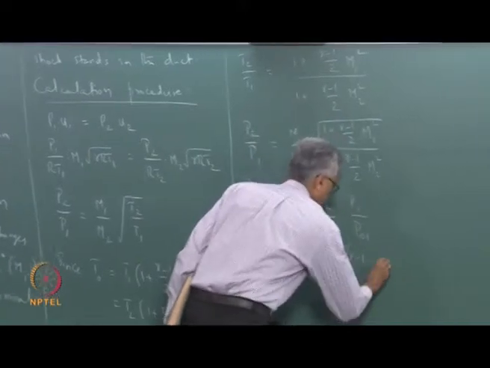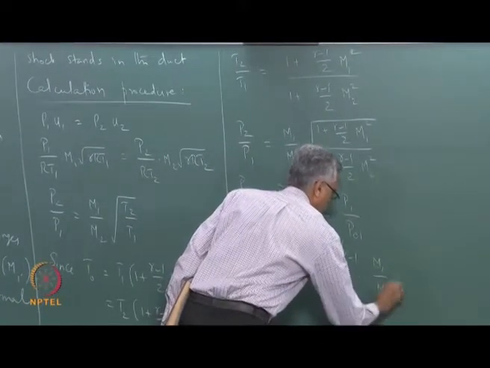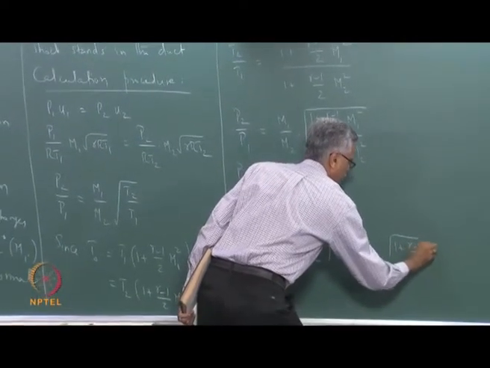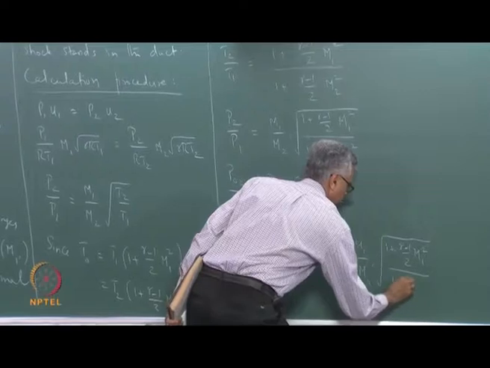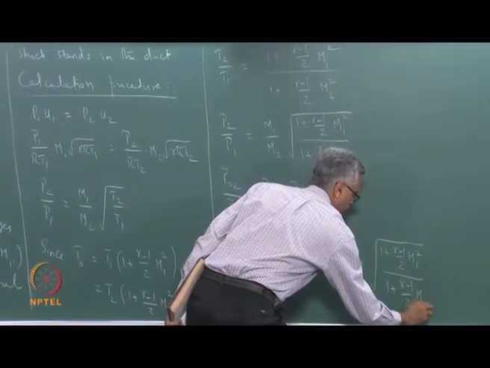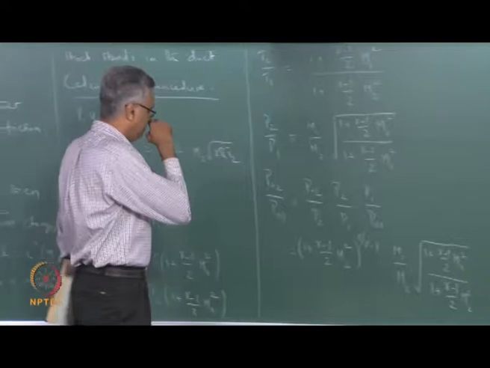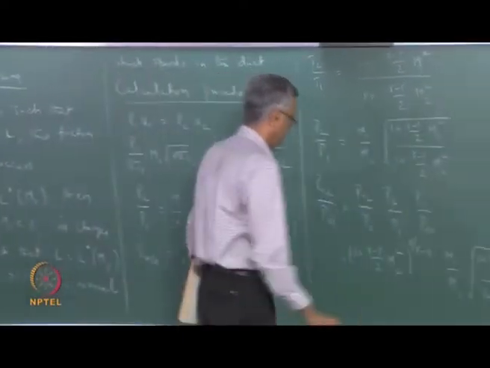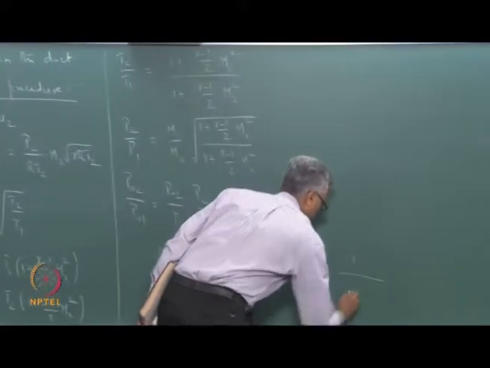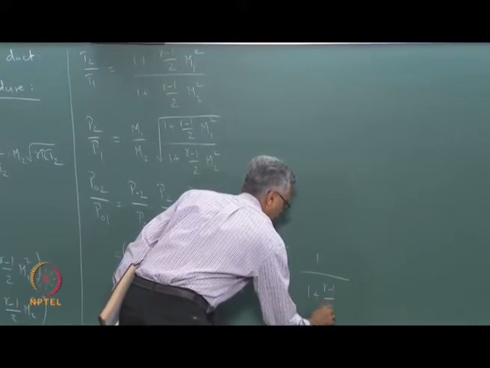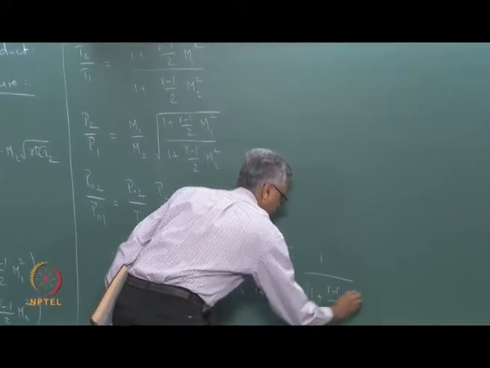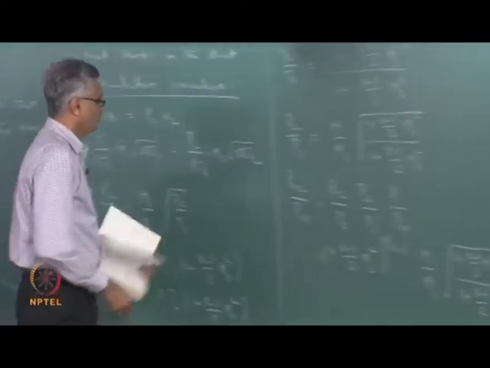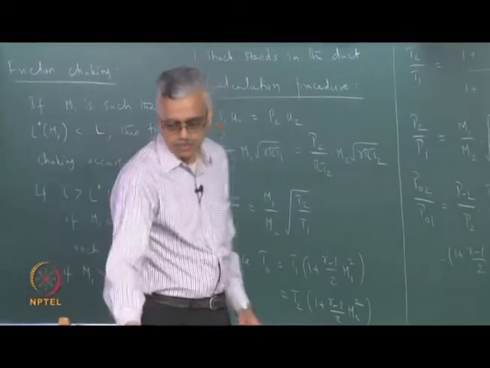So, this can be written as M1 over M2 times square root of 1 plus gamma minus 1 over 2 times M1 square divided by 1 plus gamma minus 1 over 2 times M2 square. And P01 over P1 is going to be 1 over 1 plus gamma minus 1 over 2 times M1 square raised to the power gamma over gamma minus 1.